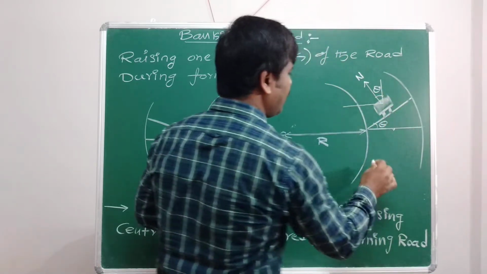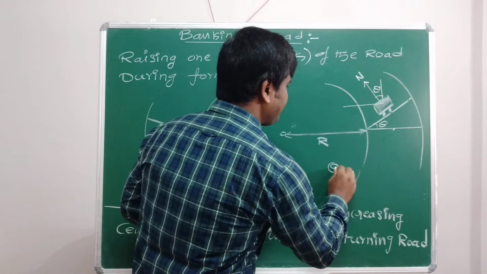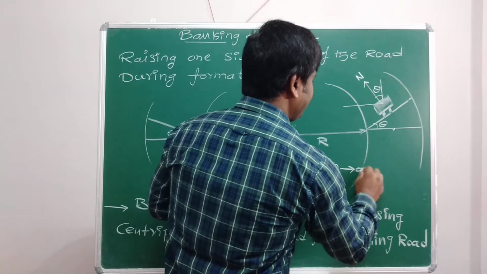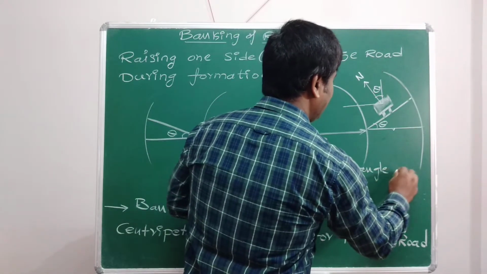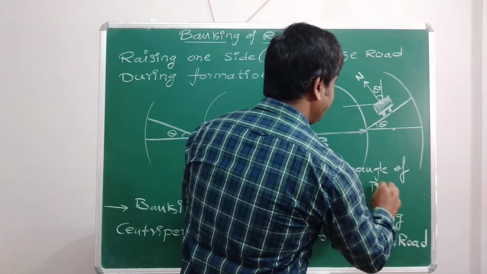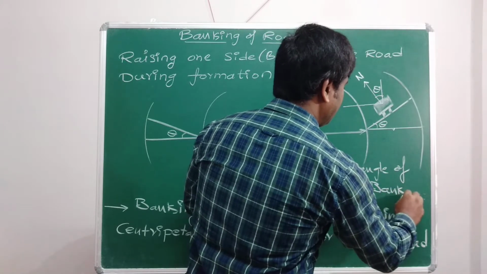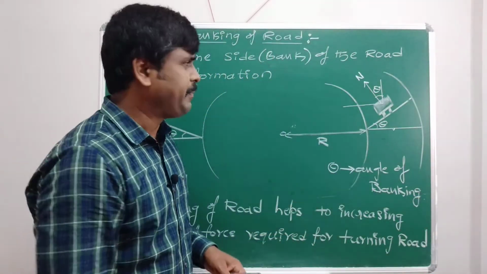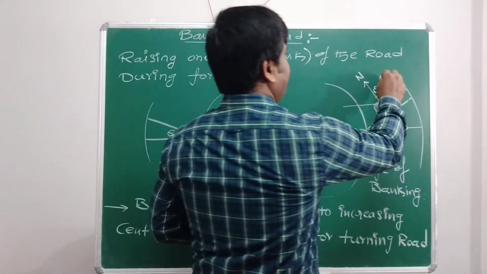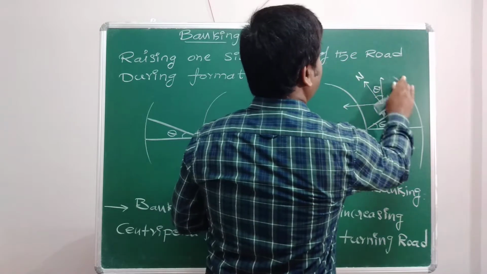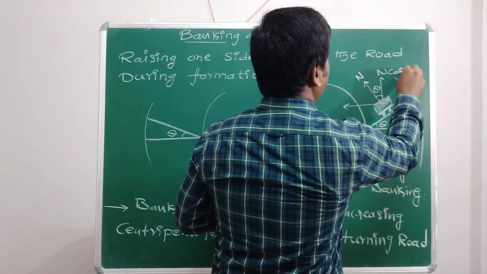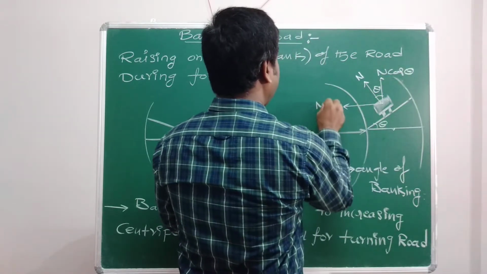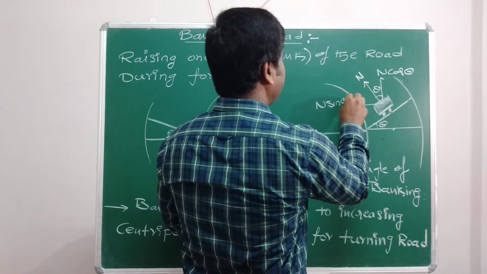Here theta is the angle of banking, simply the angle of inclination. So this value is N cos theta and this value is N sin theta.